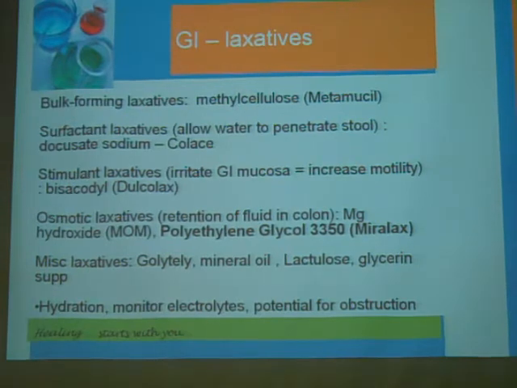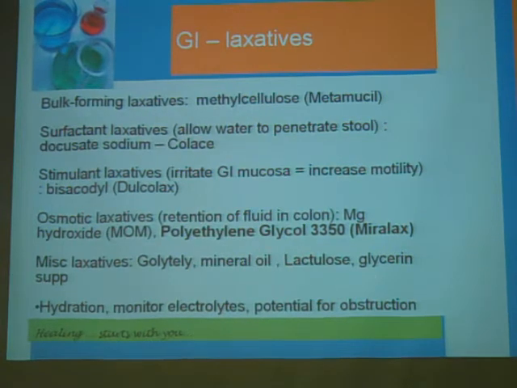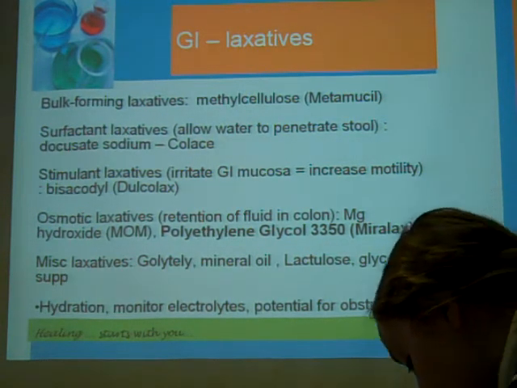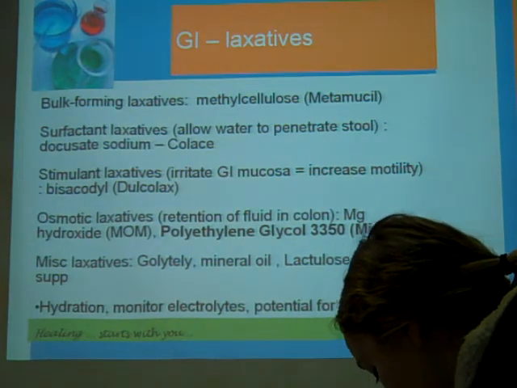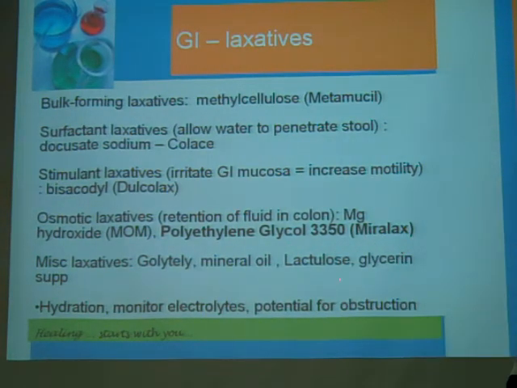Lactulose is the same kind of thing, but lactulose is something they can drink. Now, oftentimes you might see an end-stage liver disease patient on lactulose. The reason is it gets rid of the extra ammonia from the body.